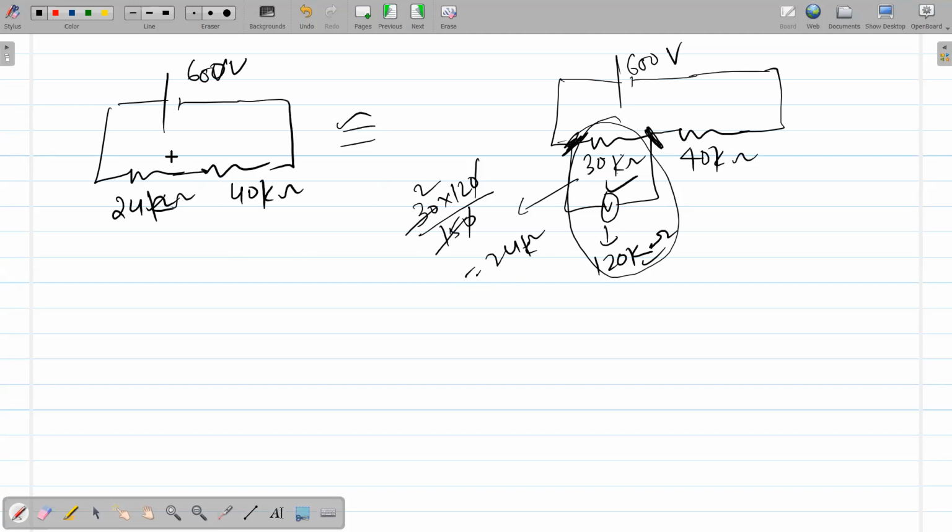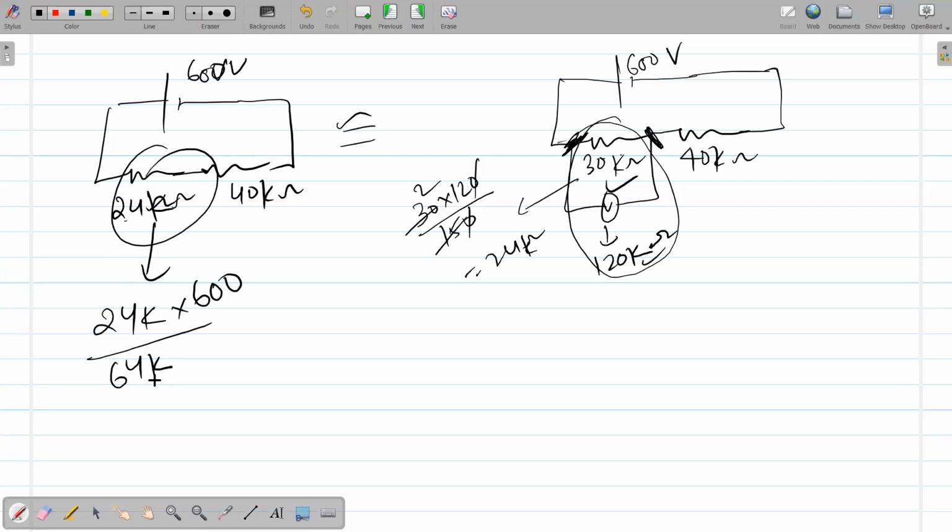So now let's write the potential difference across the resistance. And how do we do this? 24 kilo divided by 24 plus 40, that is 64 kilo, right? Multiplied by the total value, that is 600. So kilo gets cancelled out.